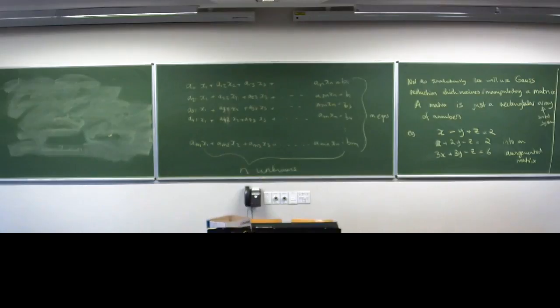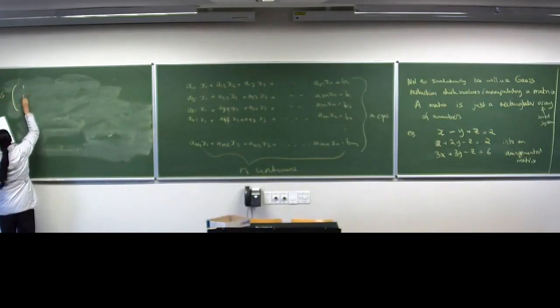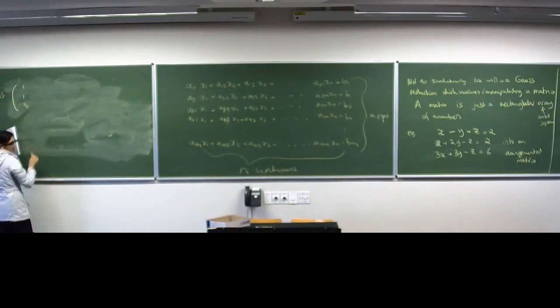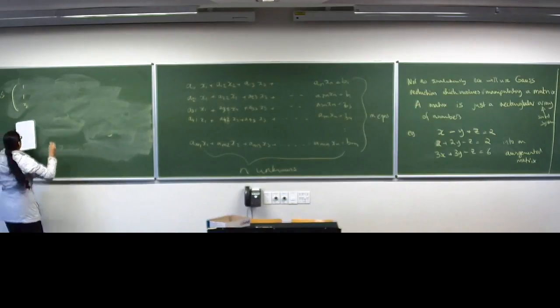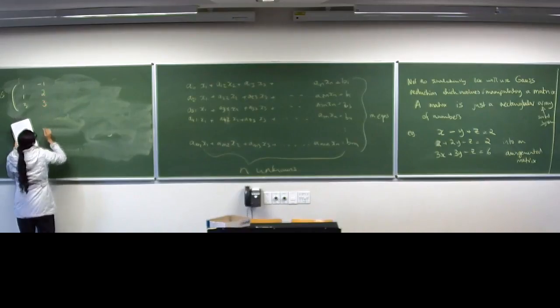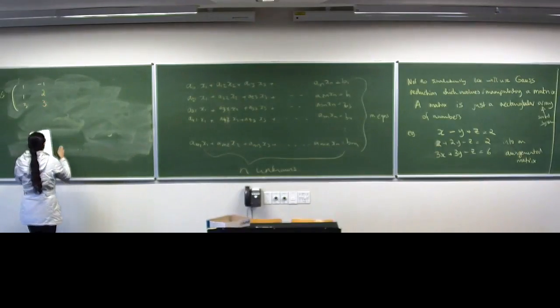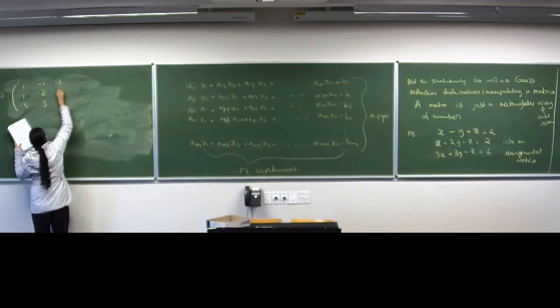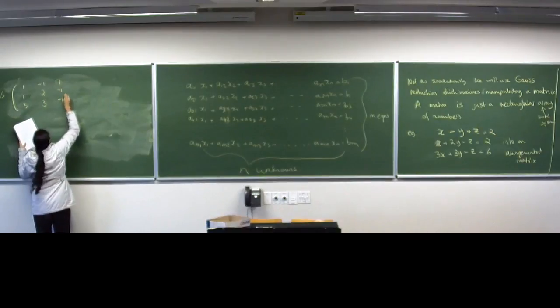All right? So we're going to talk about that now. In the augmented matrix, it looks like this: 1, 1, 3. That's for the x's, right? The y's is minus 1, 2, and 3. And the z's are 1, minus 1, and minus 1.